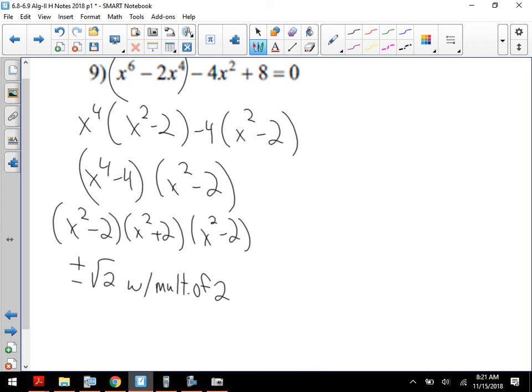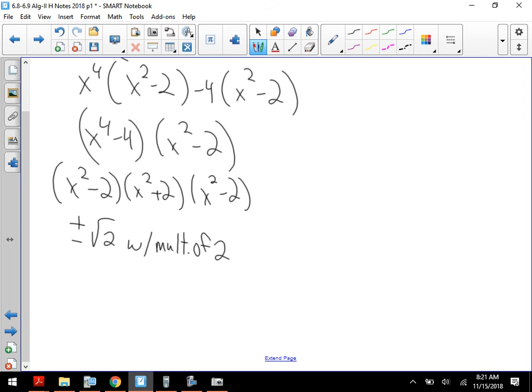The reason I'm saying the multiplicity right away is that these guys are the same, so I'll have plus or minus root 2 twice. That takes care of 4 of my zeros. The other ones, like you were just saying, would be plus or minus i root 2 for the imaginary set. And that's what that would look like. List all your zeros. When you have multiplicity, just write down with multiplicity of however many you have. Does that help?